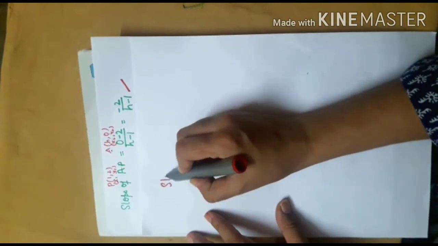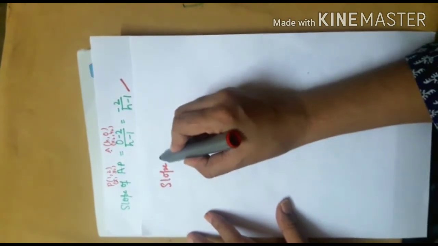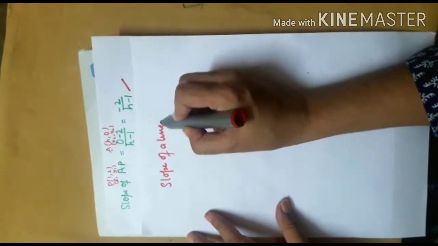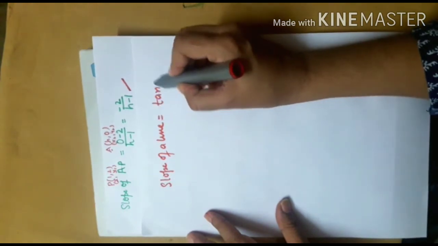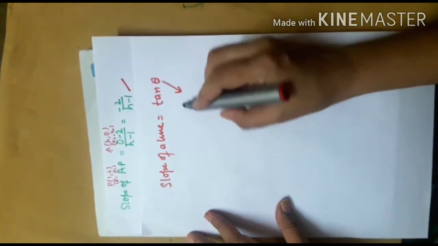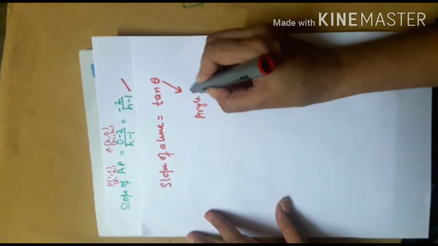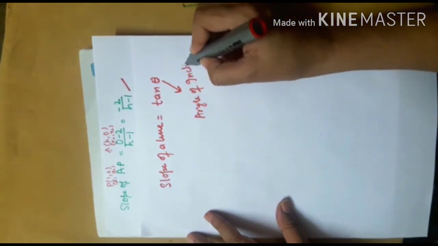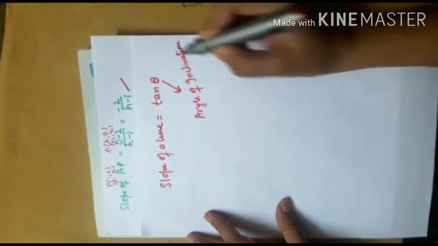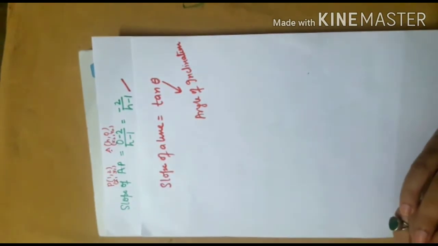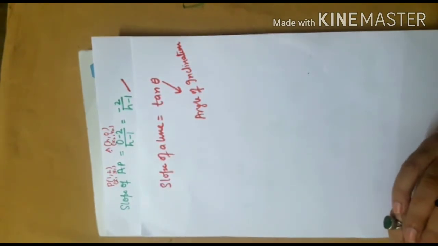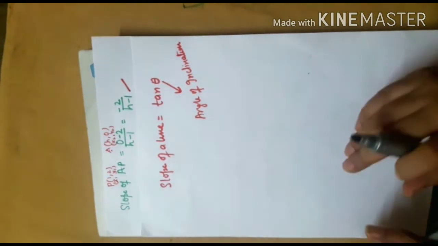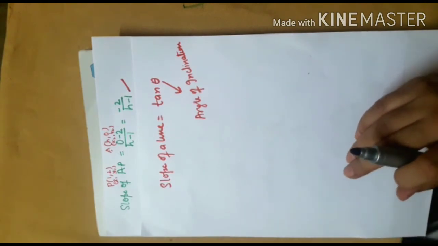We also learnt that slope of a line is equal to tan theta, where theta is the angle of inclination, that is the angle formed by the line with the positive direction of x-axis.